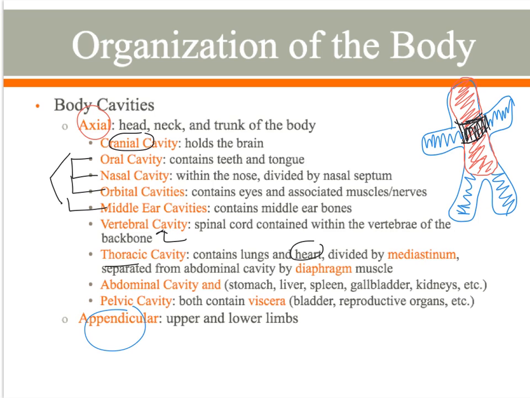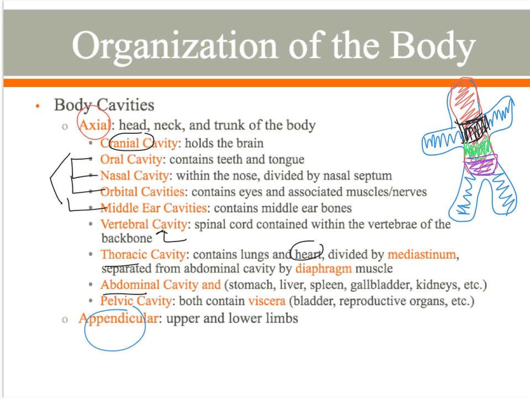So the thoracic cavity is sort of what you would think of probably as the chest region of the body. And then we will study the abdominal cavity, which is going to be kind of this region of the body. That's the abdominal cavity. And then just below that, we have the pelvic cavity.